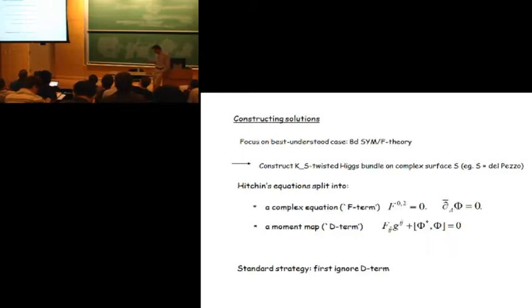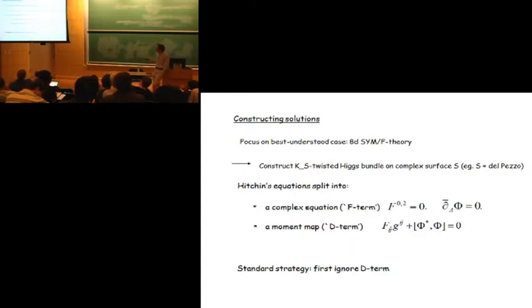Now, there's a very standard way to do this, which has been around at least since Hitchin's paper from 1987. You split the equations that I wrote into two types. They're split into complex equations, actually two complex equations: F02 is 0, which means you want a holomorphic bundle on S, and del bar phi is 0, which means that phi is holomorphic.